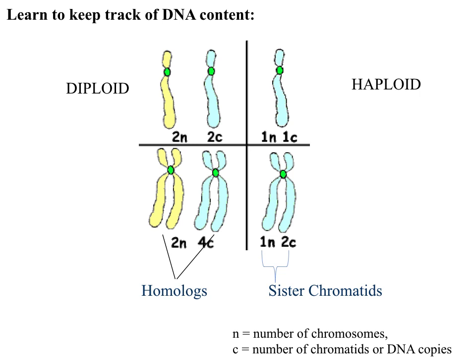We still have our homologs, or homologous chromosomes, which are the members of a given chromosome pair, where one member of the homologs is a chromosome from the mother, the yellow in this case, and the other member is from the father, the blue one. But since we've undergone DNA synthesis, we have two identical DNA strands formed. Sister chromatids are formed from the same chromosome, and they are connected together at the centromere.